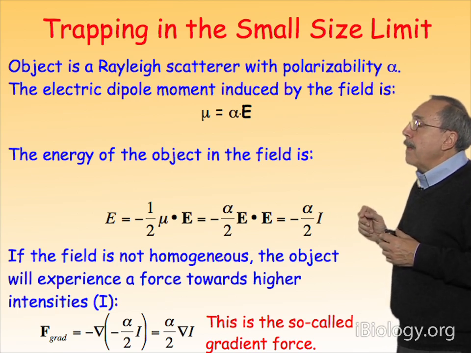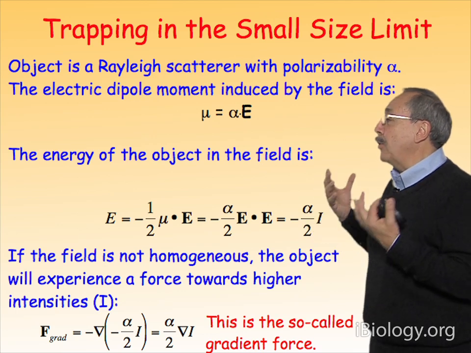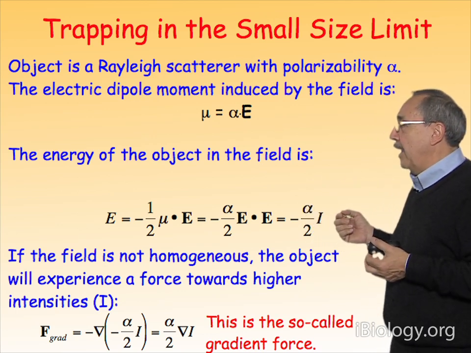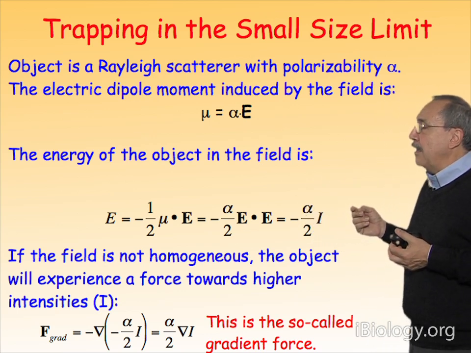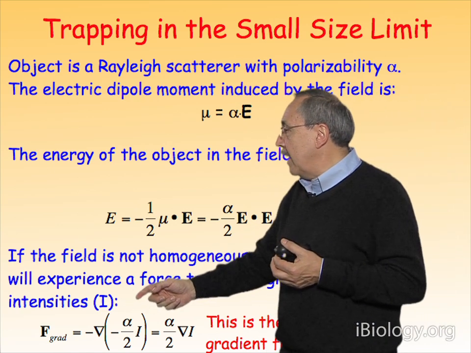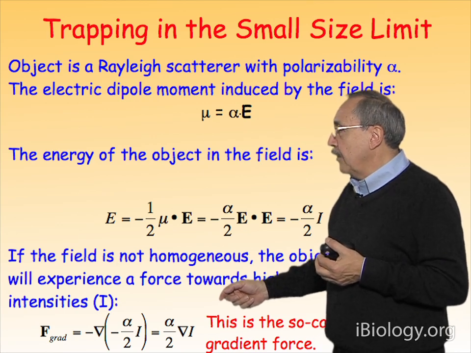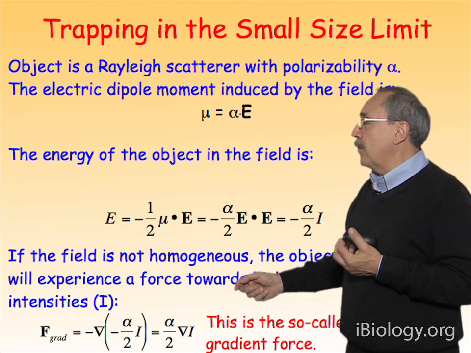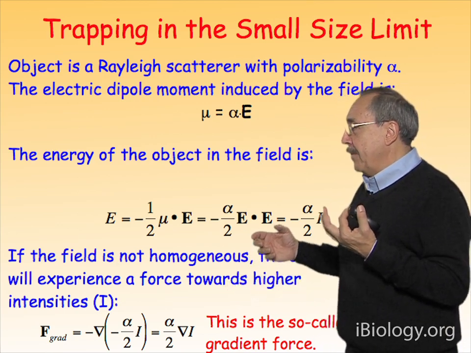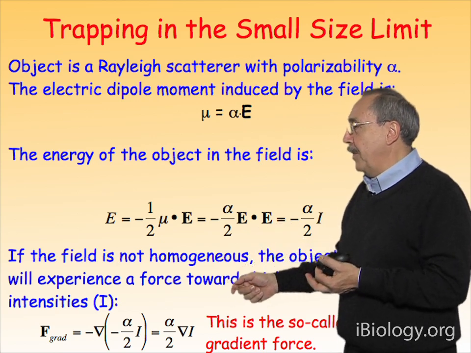And now, because we have this dipole moment essentially in a potential energy field due to the electric field, then it is possible to calculate a force as minus the gradient of the intensity, as indicated here. Okay? So essentially, the force that the dipole experiences is proportional to the gradient of the intensity.